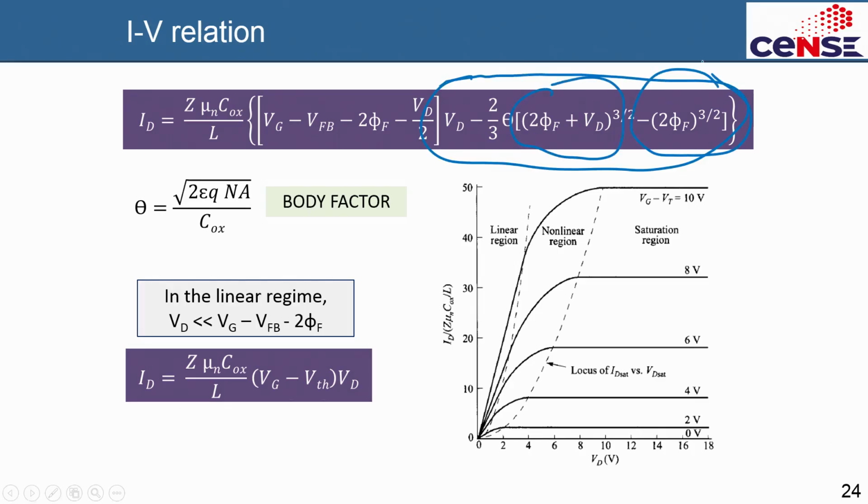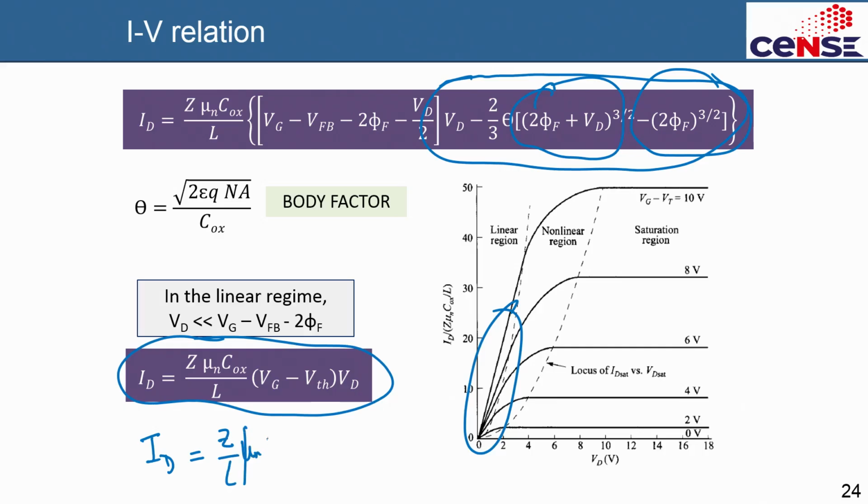So different textbooks do different kinds of simplifications, and in some textbooks this expression in the linear regime is slightly modified. Just keep in mind this is ID equal to Z by L, mu and Cox, and here what they do is Vg minus Vth minus Vd by 2, multiplied by this Vd.